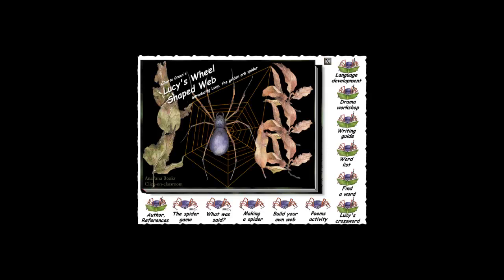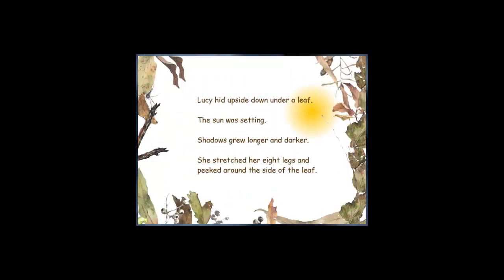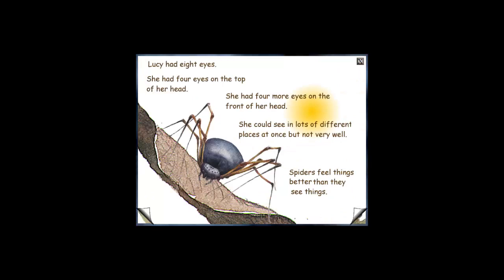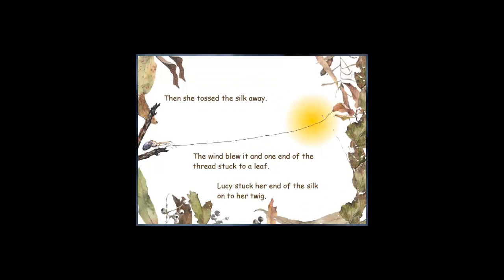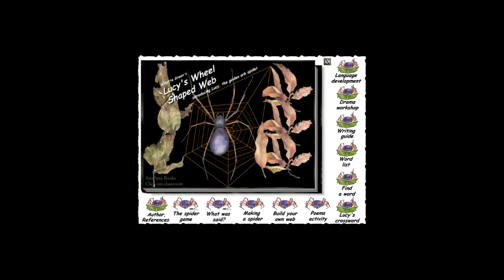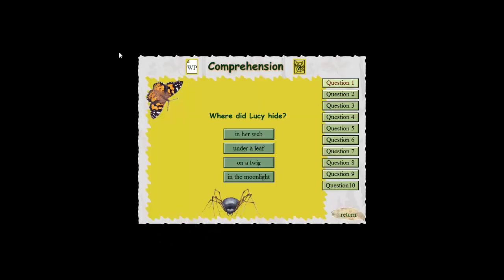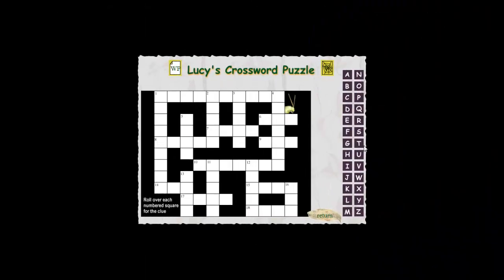Lucy's Wheel-Shaped Web gives us a lovely little animation portraying a piece of a spider's life. Apart from the story, it has a reading comprehension quiz and several charming options with additional activities for the children, as well as the instructions on how to make your own spider web.